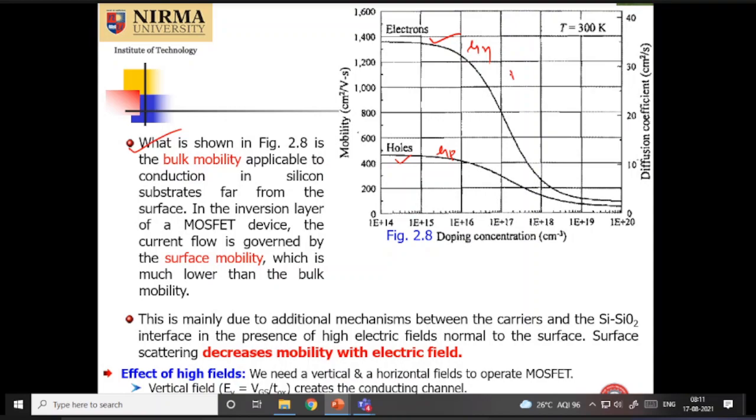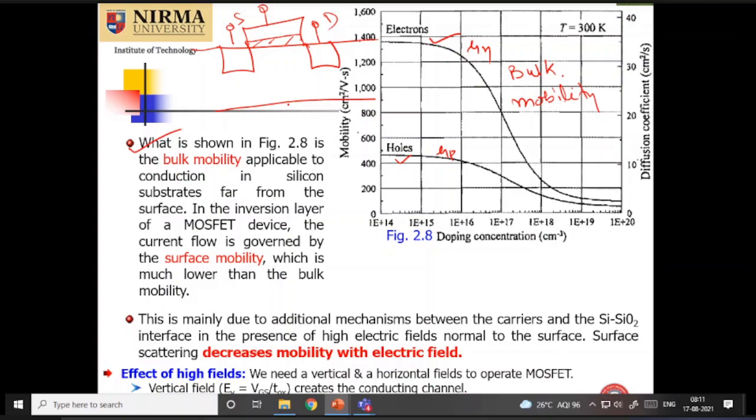Bulk mobility means, if I draw a MOSFET structure, and you have the substrate or body, we are concerned about the mobility of carriers in the surface or in the channel where the inversion layer is formed.